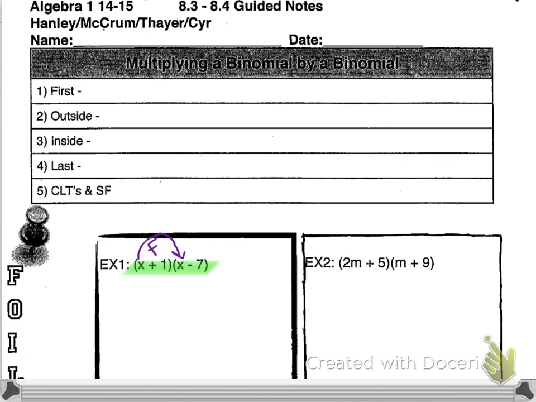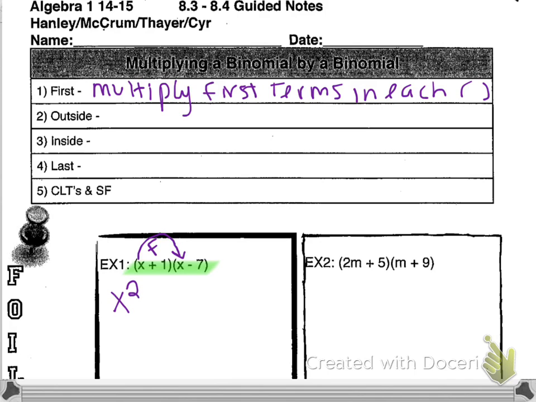For first, we're multiplying the first terms in each set of parentheses. Okay, and so down below when we do that, we have x times x, which is going to give me x to the second.